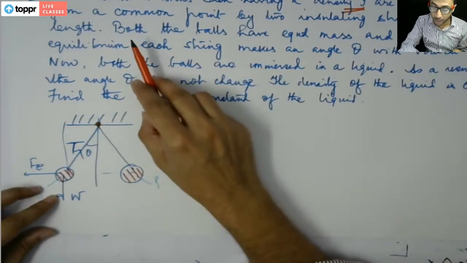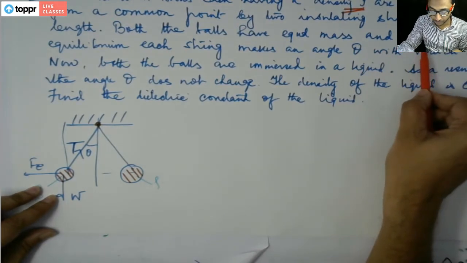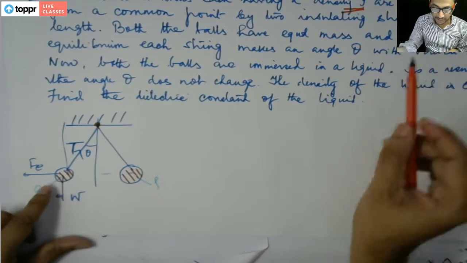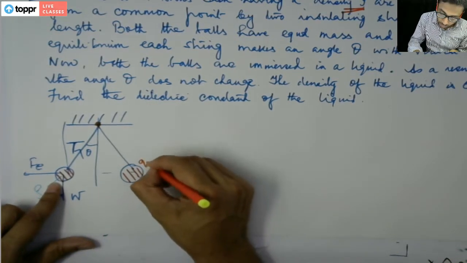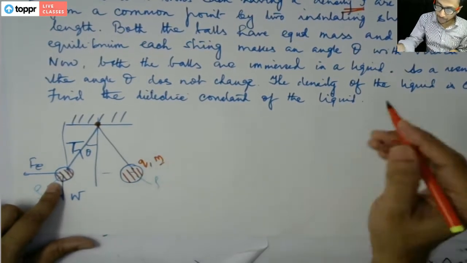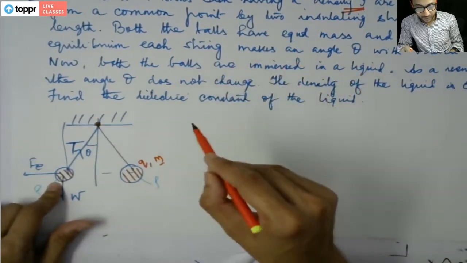These are the strings. Both the balls have equal mass and charge. So the mass and charge are the same. So we can assume the charge to be Q and mass, suppose, M. In equilibrium, each string makes an angle theta with the vertical.